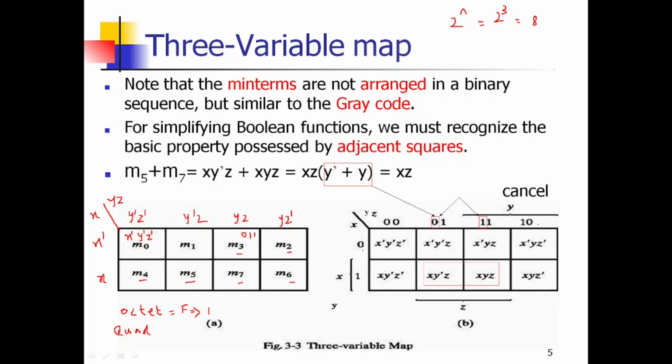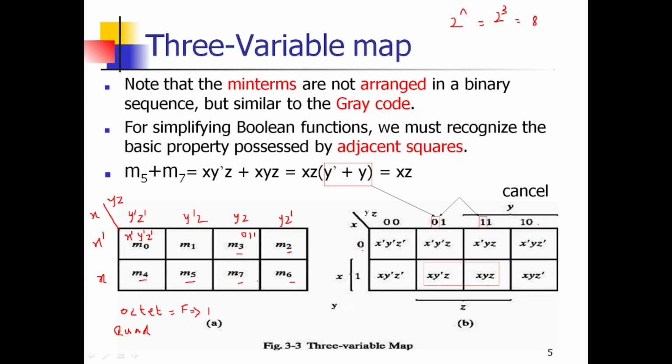What are the different terms? Z dash, Z, Y dash, Y. Y dash plus Y is considered as 1. Z dash plus Z is considered as 1. So here the column variables are considered as 1, and we are going to obtain the Boolean function as x dash only for the first row quad, and for the second row quad it is x.